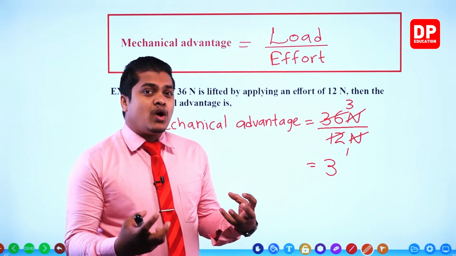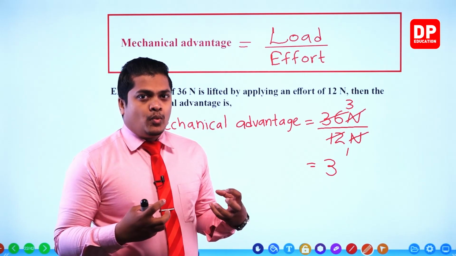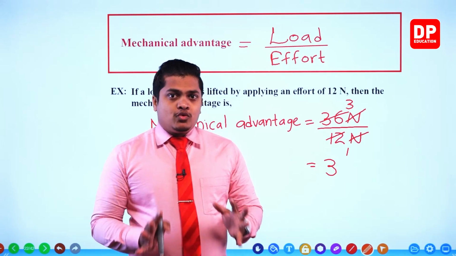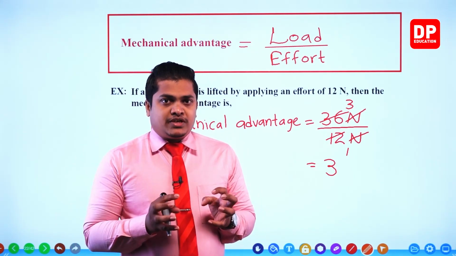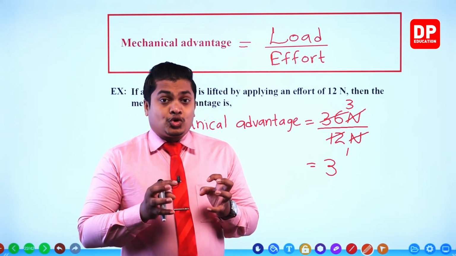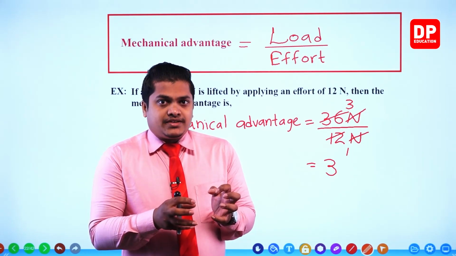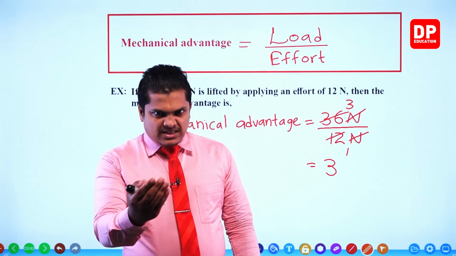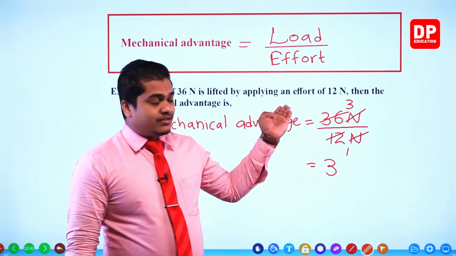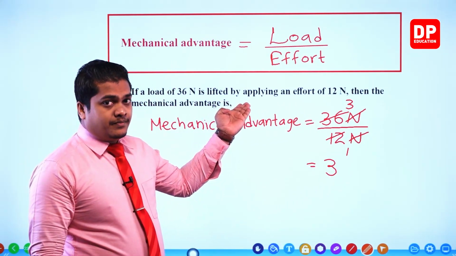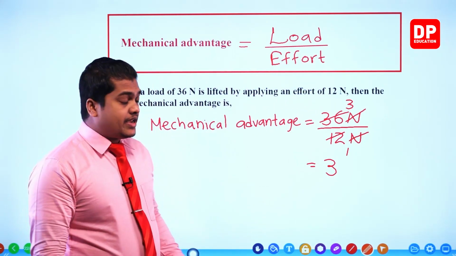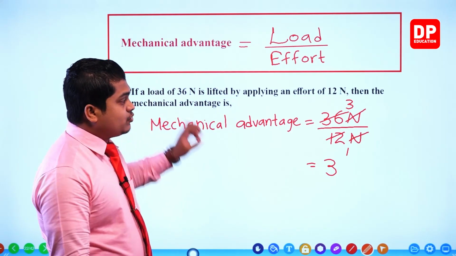The mechanical advantage is 3 times, which means by using this particular lever, my dear children, you can lift an object that has 3 times the weight of the force being applied. You can see it even in the question. By applying only 12 Newton of force, we can lift off 36 Newton.